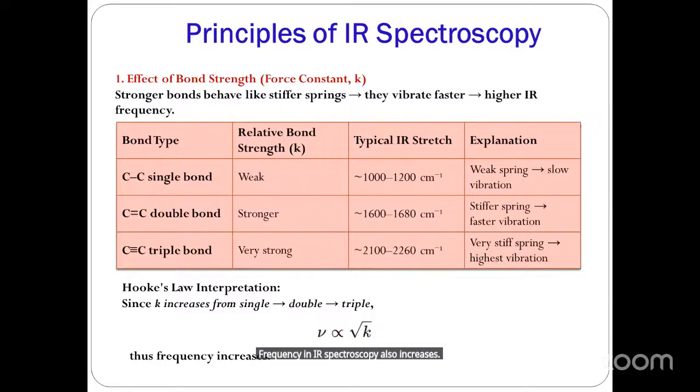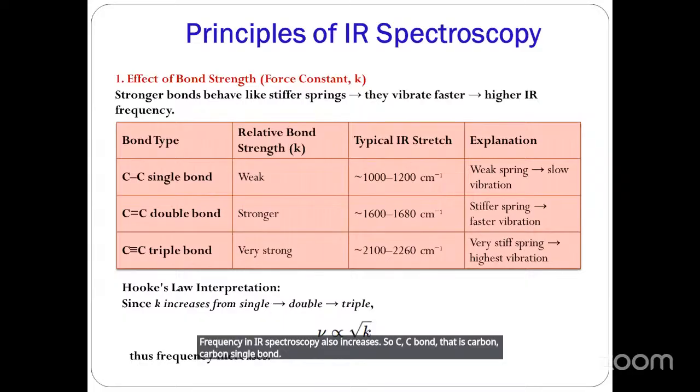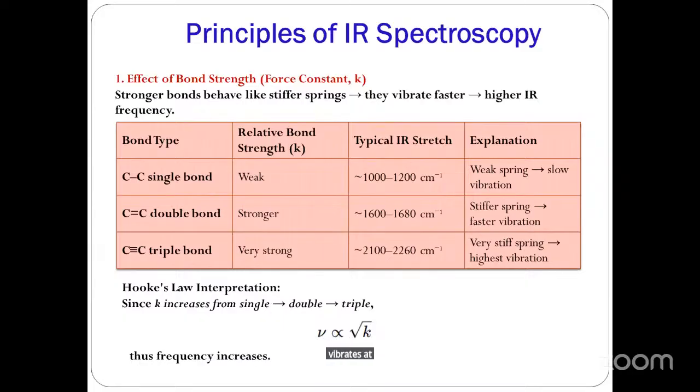The carbon single bond vibrates at 1000 to 1200 reciprocal centimeter, carbon double bond carbon between 1600 to 1680 reciprocal centimeter, and carbon triple bond carbon between 2100 to 2260 reciprocal centimeter.